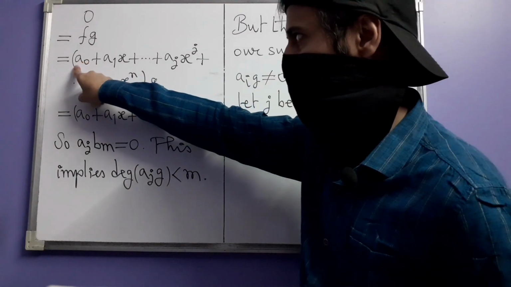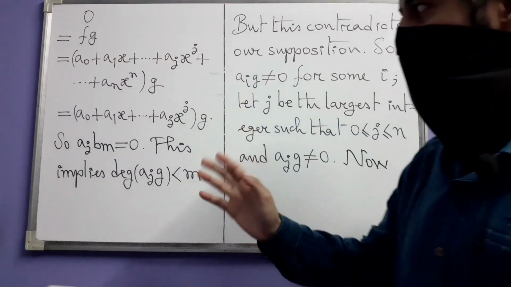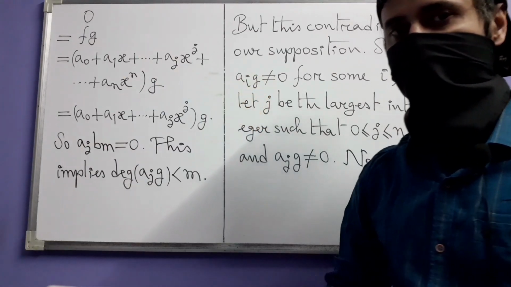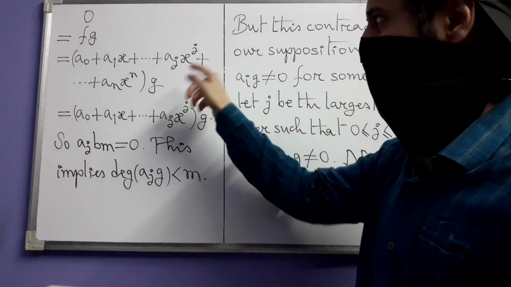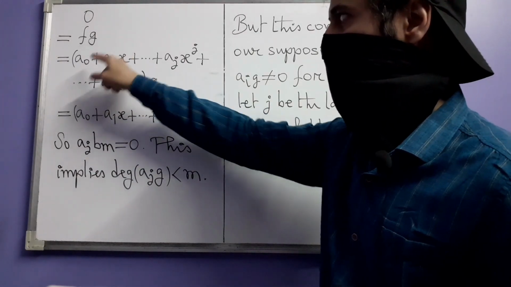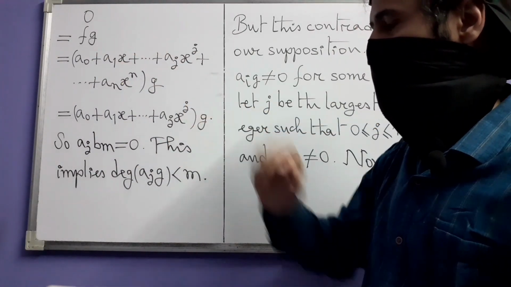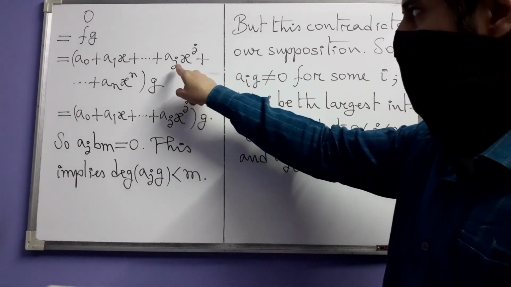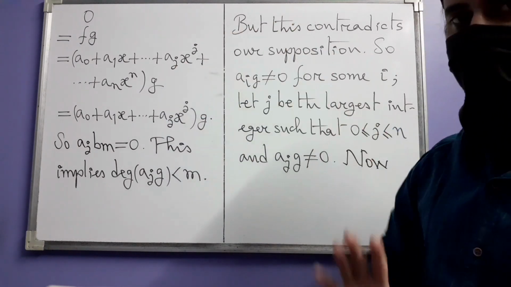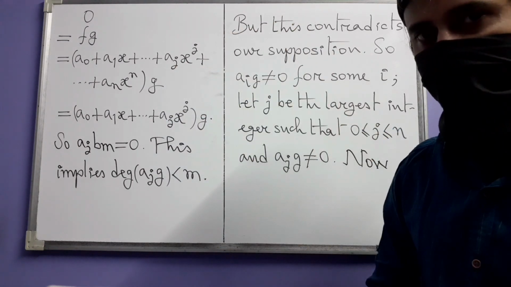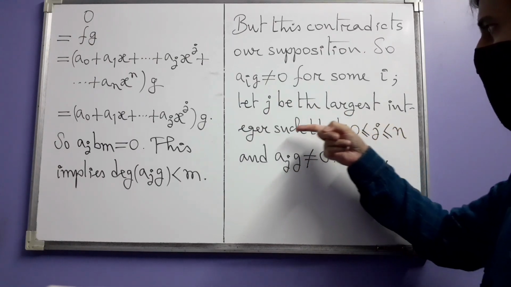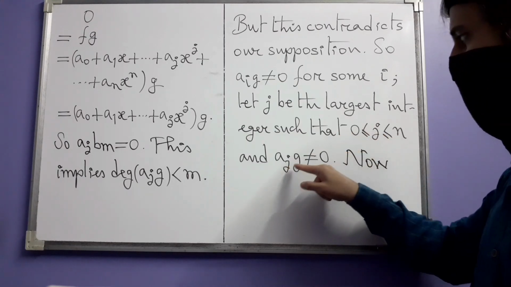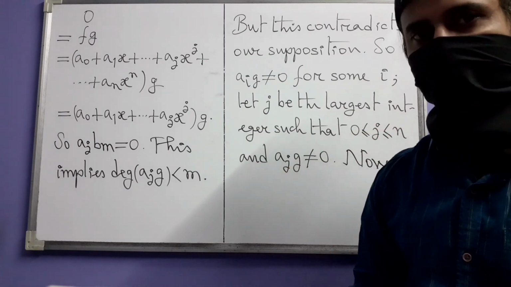This is a polynomial, this is another one. So you can apply the right distributive law, its extended version. So that way you will get what? a_0 g plus a_1 x g and so on, a_j x to the power j times g. Now you look at this condition. Let j be the largest integer such that a_j g is not equal to 0.